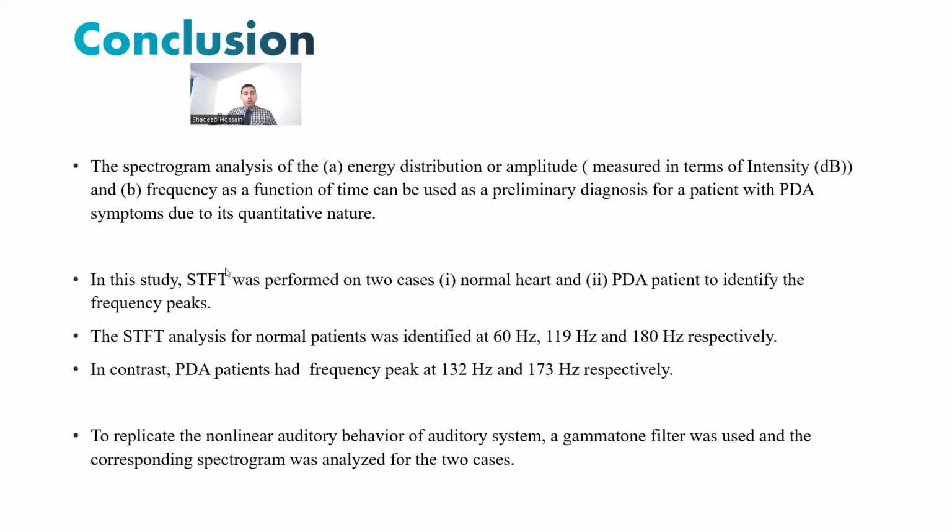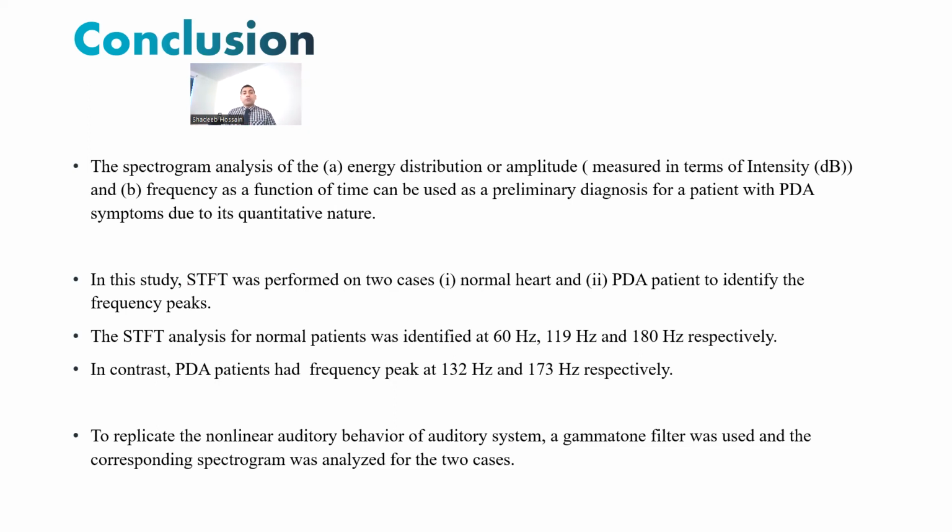So we performed a short-term Fourier transform on a patient with a normal heart and a PDA patient, and we tried to identify any dominant peaks. We realized that for a normal patient, the peaks were at 60 hertz, 119 hertz, and 180 hertz. In contrast, a PDA patient had frequency peaks at 132 hertz and 173 hertz.